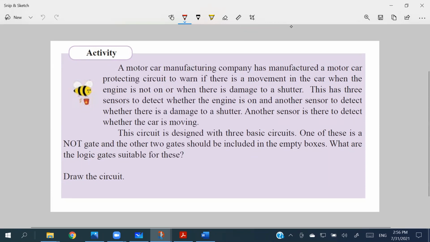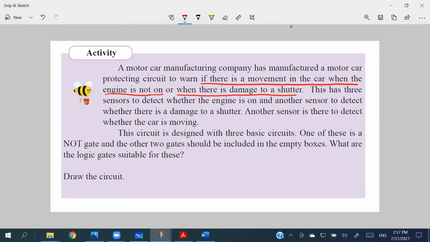So it says, if there is a movement in the car when the engine is on, right? I'm sorry, engine is not on. And when there is damage to a shutter, right? So movement is happening and maybe the engine is not on, or maybe the damage to a shutter has happened.